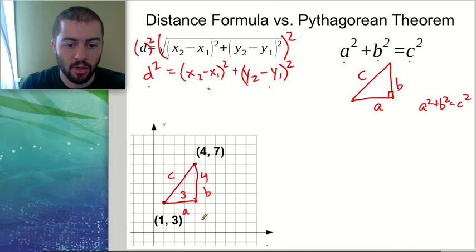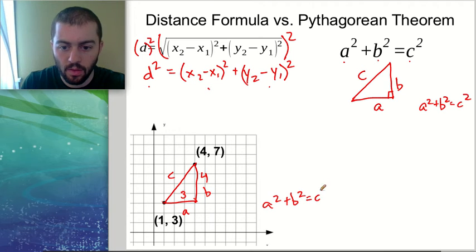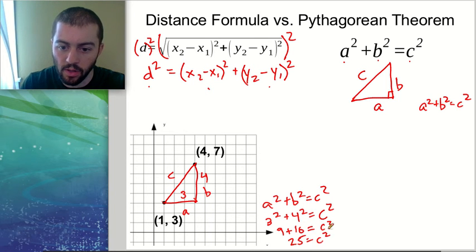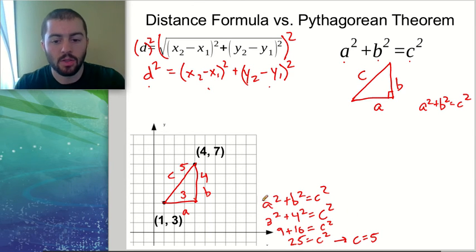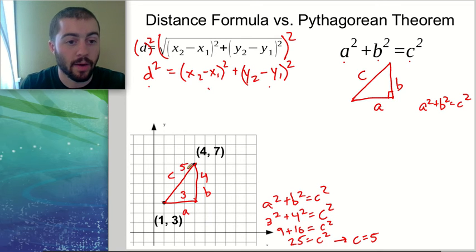So by the Pythagorean theorem, we could say that A squared plus B squared equals C squared, or 3 squared plus 4 squared equals, and then we could figure out what C squared would be. And if we do this, we would have 9 plus 16 equals C squared, 25 equals C squared. So this would give us C is 5 for our distance, right? So using the Pythagorean theorem, we could find the distance here.